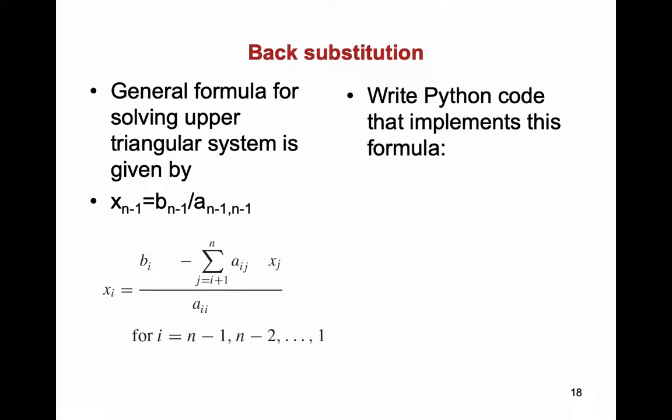So it's x of i is b of i minus sum of all of the computed x of j's already and multiplied by coefficients from the same row of a as my i. So this is that sum s divided by a. Yeah?